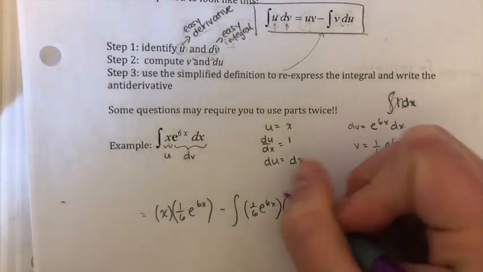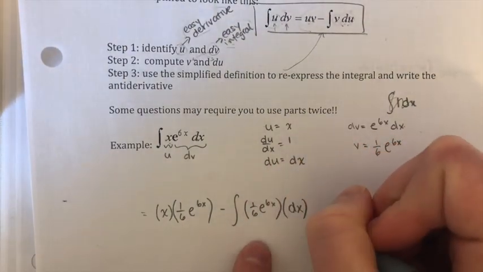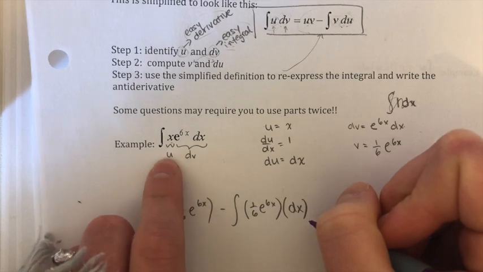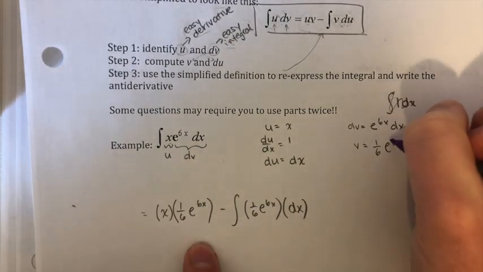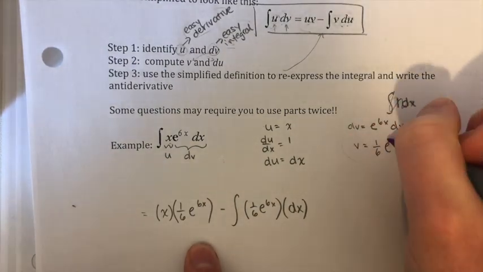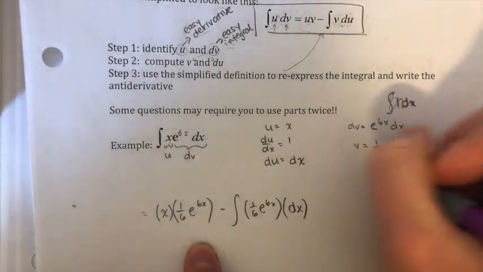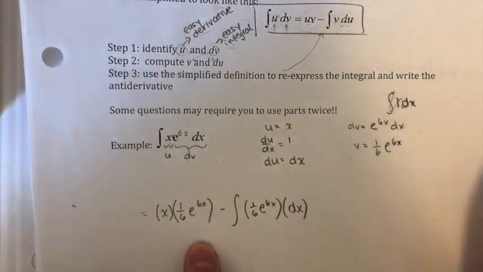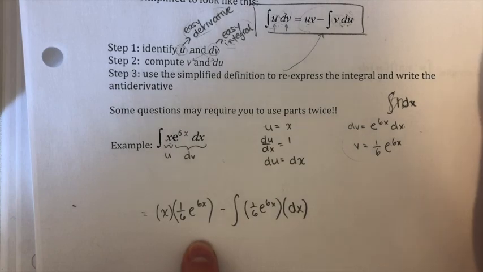Okay, so see how now this is much easier to integrate than this thing was. We've taken care of the x. So we've already done an antiderivative here and stuck it out here. We've done that. So we've essentially simplified our steps a little bit.